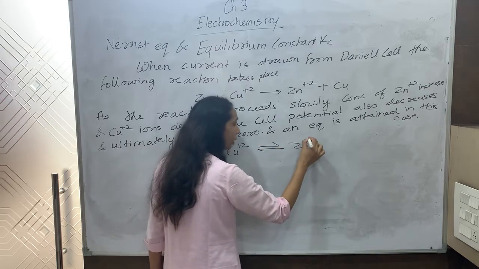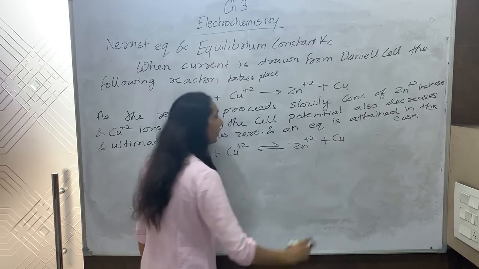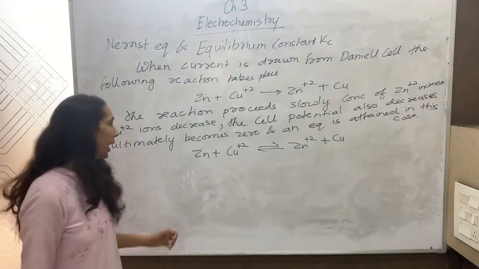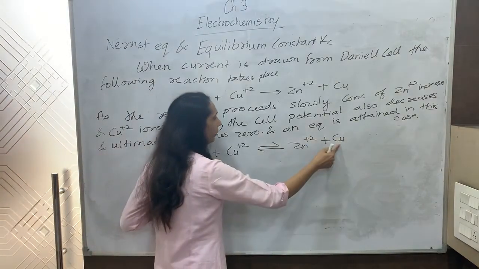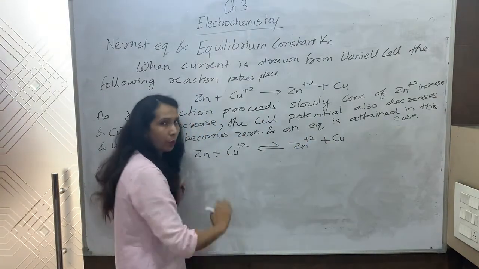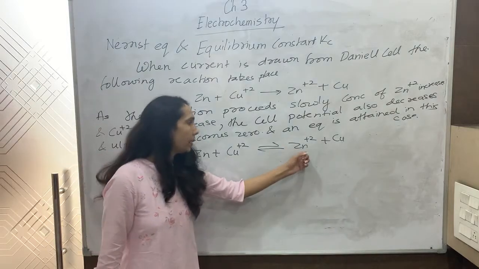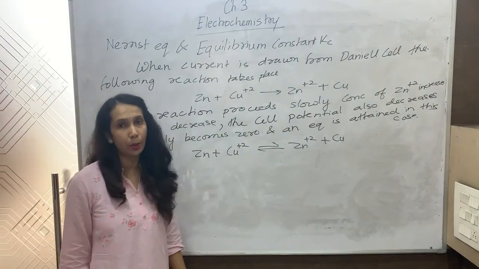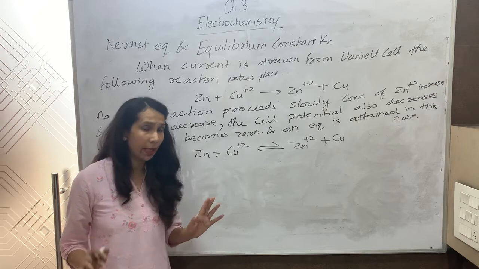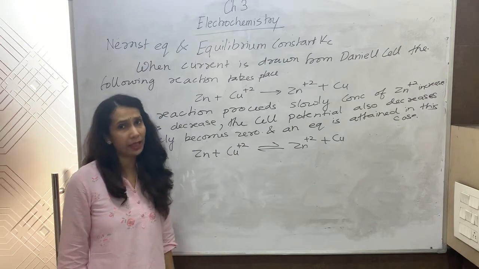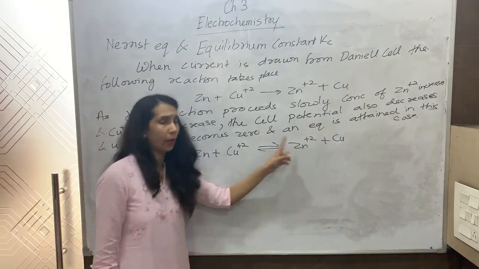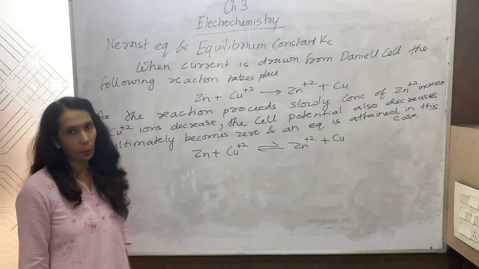No net reaction is taking place, that's why the cell potential has become zero. The copper ions that are converted into copper will convert back to Cu2+, and zinc to Zn2+ will convert back to zinc. So no net reaction is taking place and equilibrium has been established. The rate of forward reaction becomes equal to the rate of backward reaction.